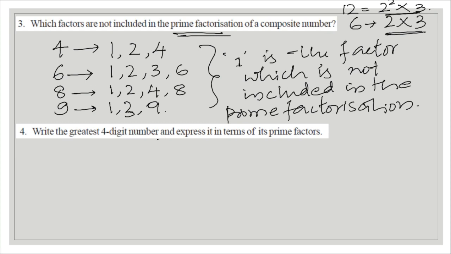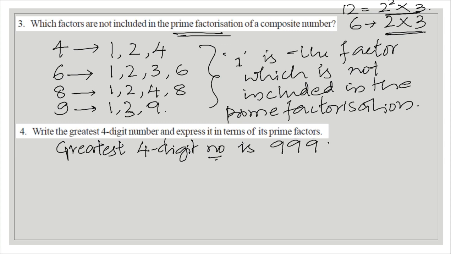Let's look at question number 4. Write the greatest 4-digit number and express it in terms of its prime factorization. We all know that the greatest 4-digit number is 9999.